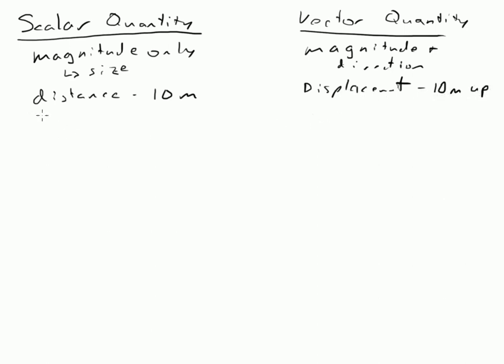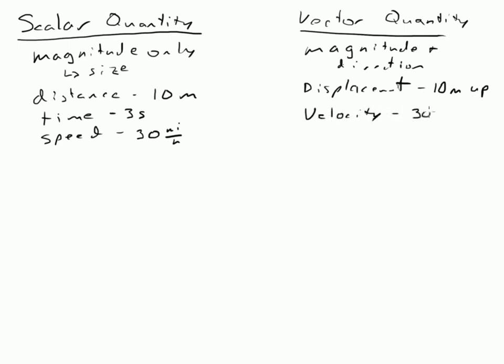The scalars we've talked about have been, we've had time. Right, 3 seconds would be a good time, just the size. And we've also had speed. So we have something going 30 miles per hour. Now with our vectors, we had velocity, which we said was just a speed with a direction.